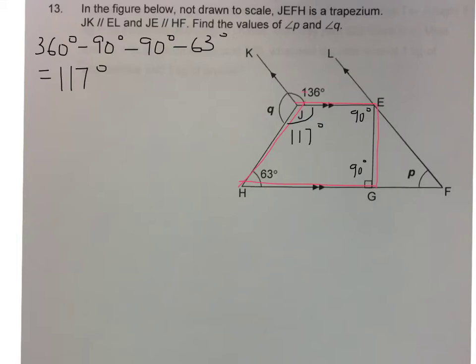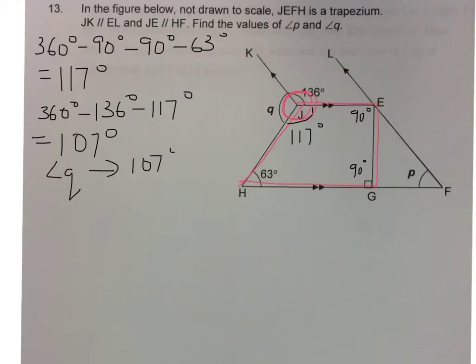Look at this point here. Angles at a point is equal to 360 degrees. So once again we take 360 degrees minus 136 degrees minus 117 degrees. 360 minus 136 minus 117, we get 107 degrees. And our first answer, angle Q, is 107 degrees.